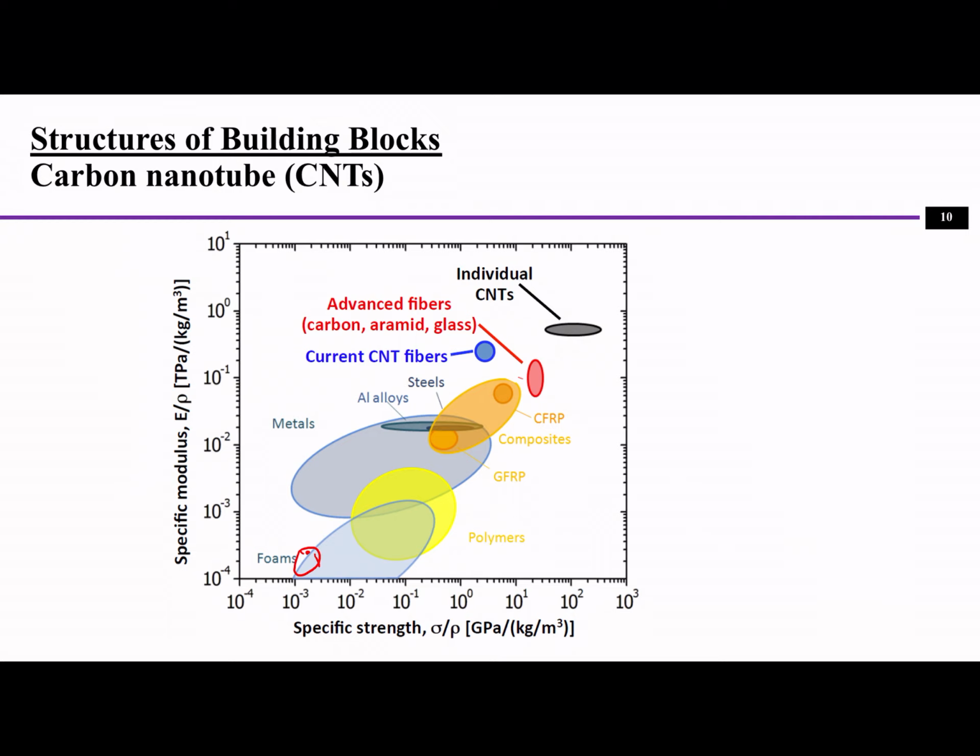Then we have polymers, metals, alloys, steels, and here we have some innovative materials, for example, carbon fibers, and then carbon nanotubes. Carbon nanotubes really have high strength compared to traditional materials.